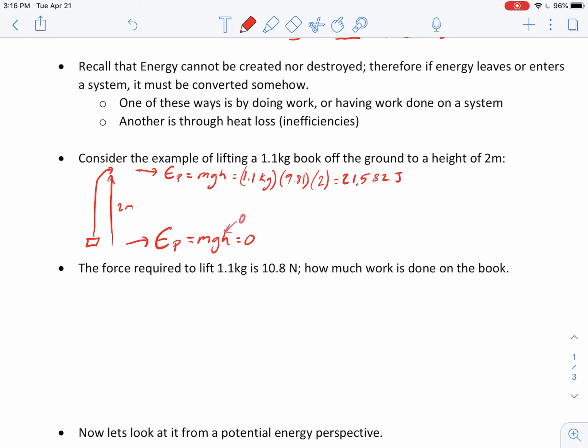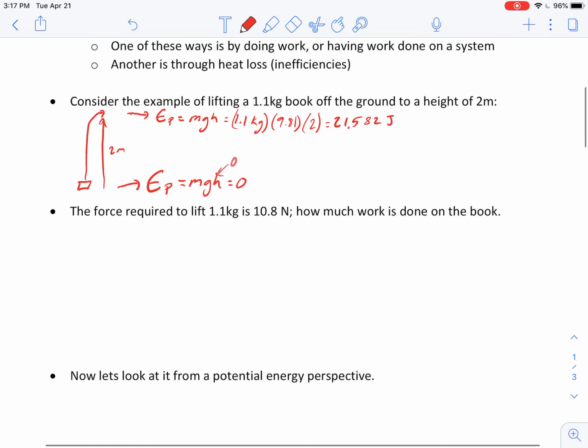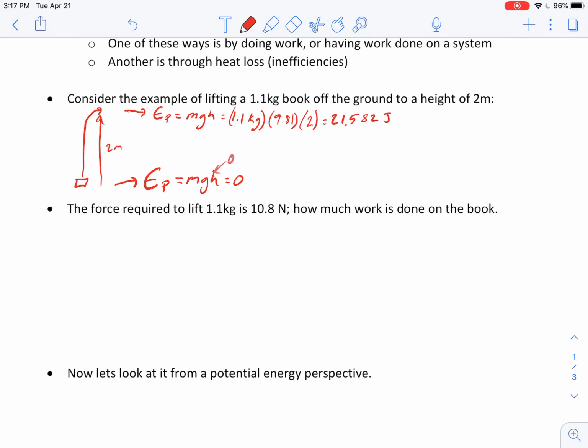Okay, so we're going to come back to that. But notice how there's a delta there. There's a change in energy. Therefore, work has definitely been done. Now, if we look at it in work is equal to force times distance, then the force required to lift up a book is 10.8 newtons to lift up 1.1 kilograms.